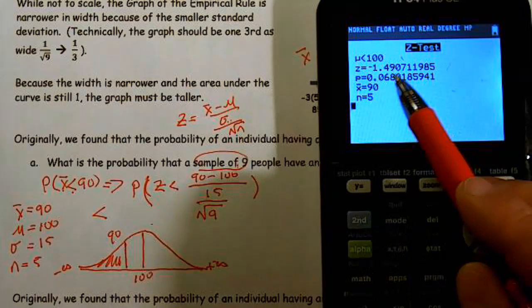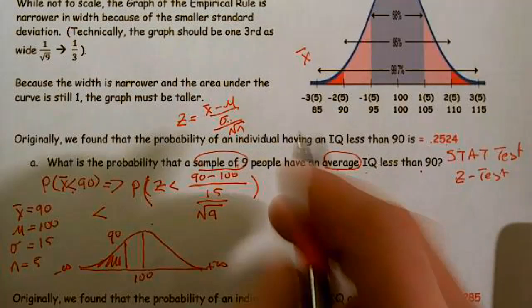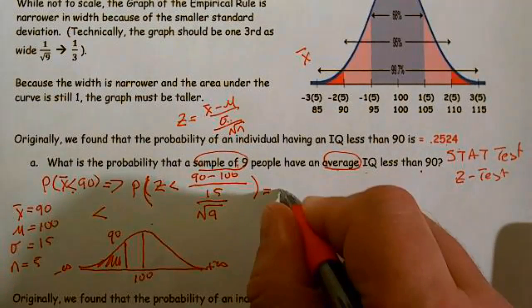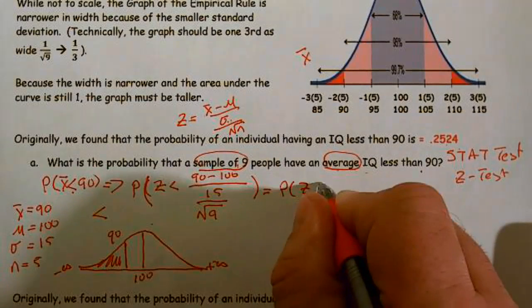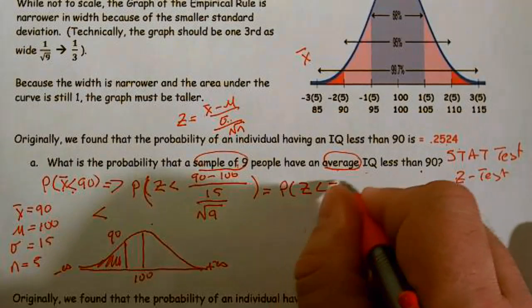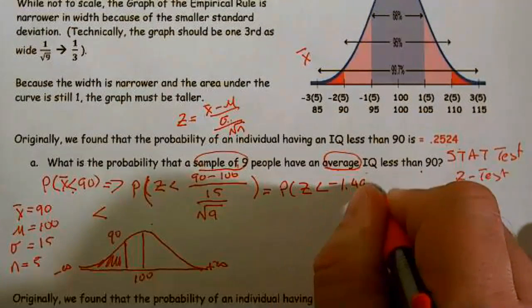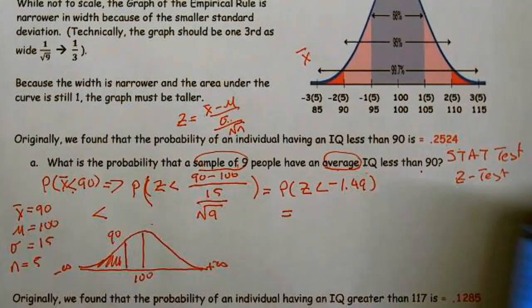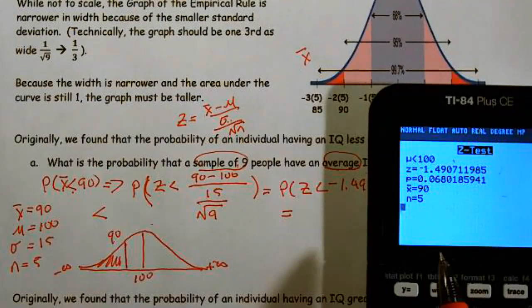And I end up getting, so that tells me the probability that Z is less than negative 1.49 equals, our probability is 0.0680.